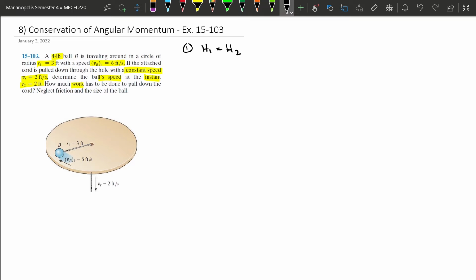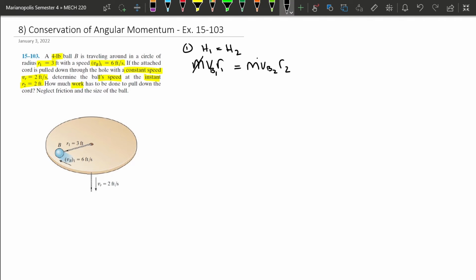In vector form, we don't need to use the vector form here. We can just use the scalar form, which is just mvr. I'll be more specific here: m vB1 r1 is equal to m vB2 r2. That's just saying that the velocity we'll be using here is the tangential, or the v theta, right?